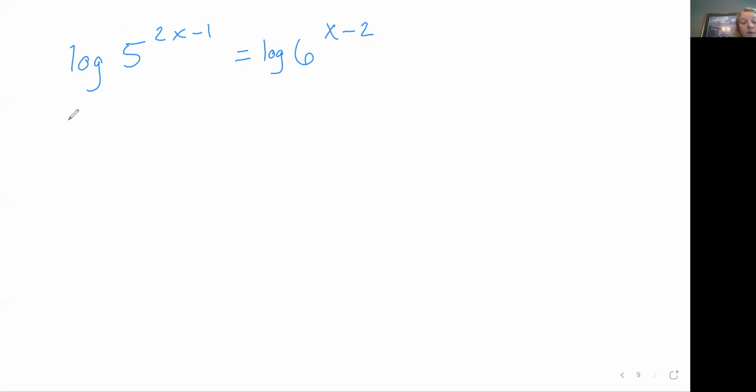So if we have an exponent, we can bring it down to the front and multiply it times the logarithm. times log of 5, which is 0.6990. And the same thing on this one, bring the x minus 2 down, times the log of 6. Log of 6 is 0.7782.